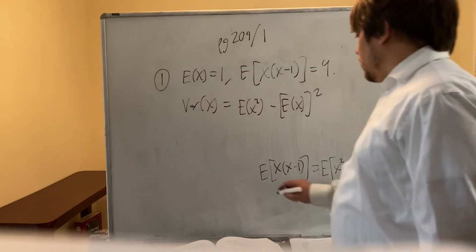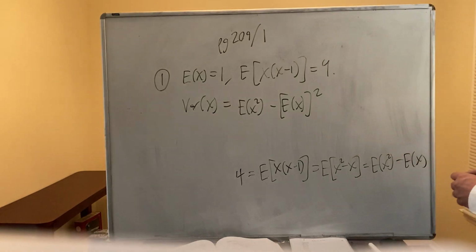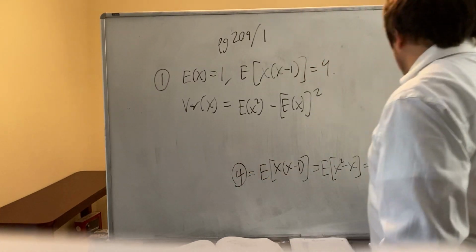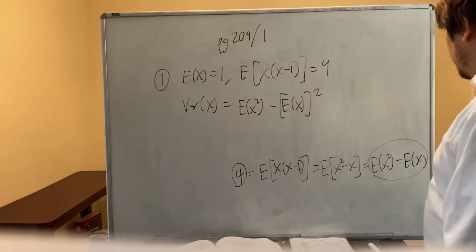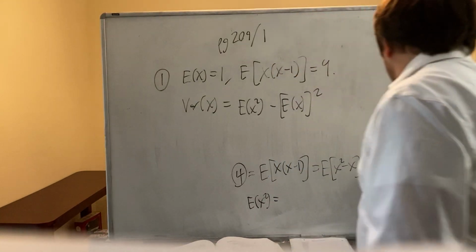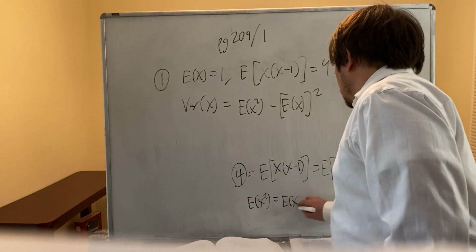That's equal to 4. Okay, so what does this tell you? It tells you that 4 is equal to e of x squared minus e of x. So that means that e of x squared is equal to e of x plus 4.